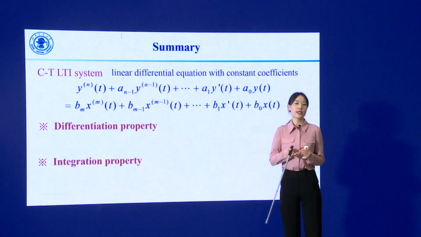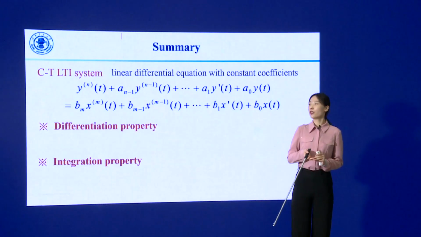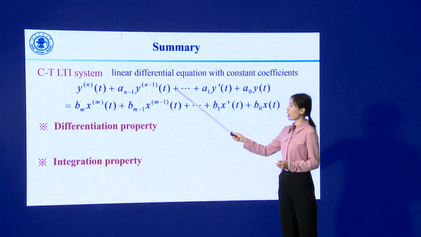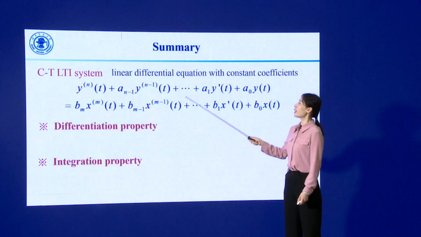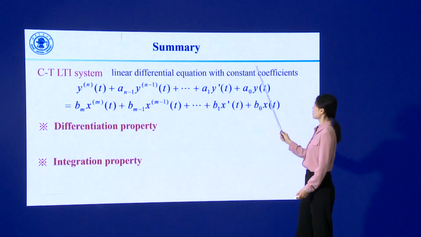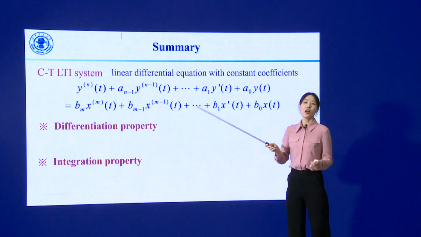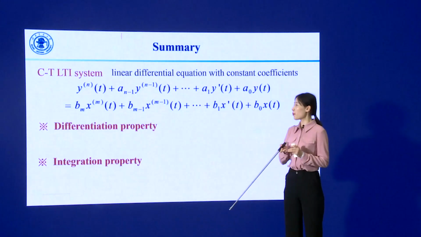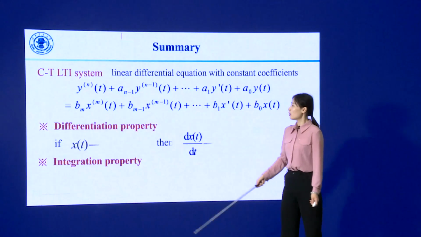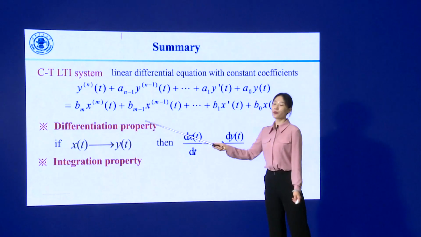Now, let's give a summary. In this lecture, we introduced how to describe a CT-LTI system. It is a linear differential equation with constant coefficients. We also introduced some properties for CT-LTI systems. One is the differentiation property.